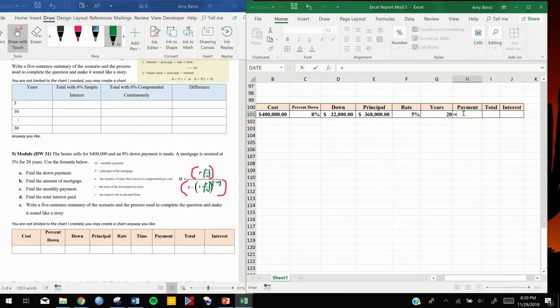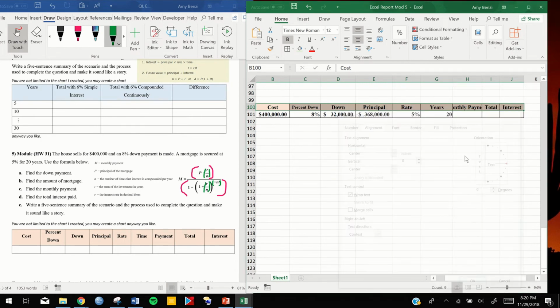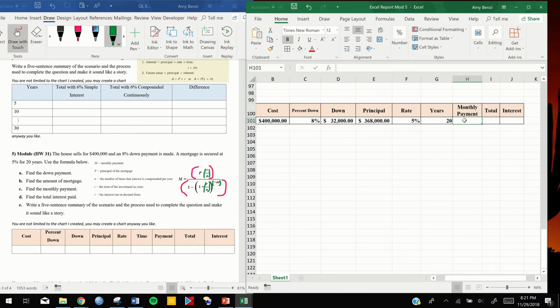All right, so my monthly payment, I can even change this to monthly payment. I am going to go ahead and wrap all this stuff because I like my stuff wrapped. All right. Equals. First of all, my numerator.